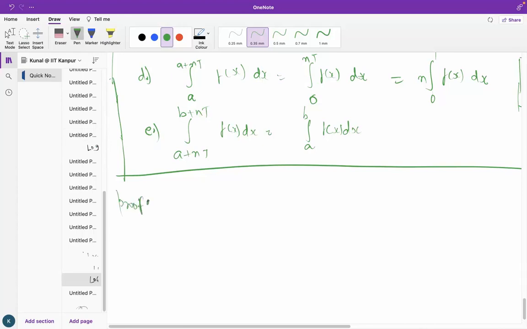Proof for part A. So what is our A part? Let me write with black color.